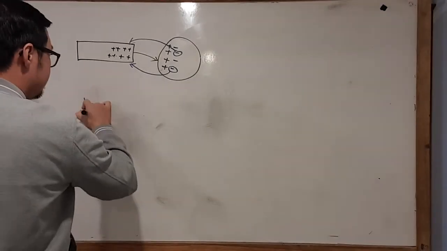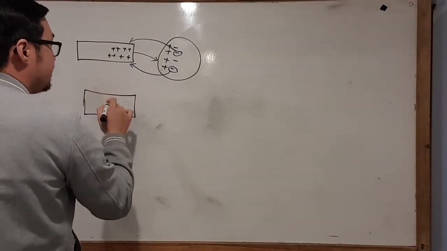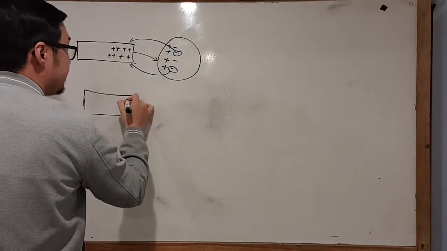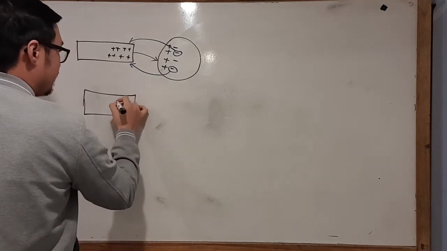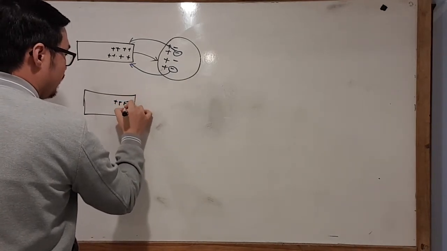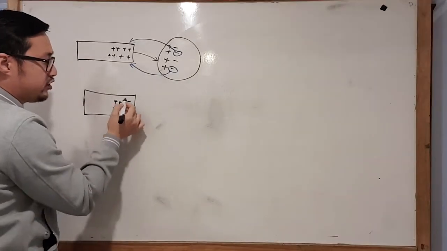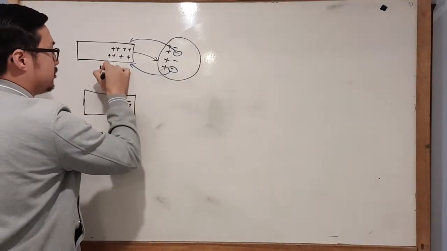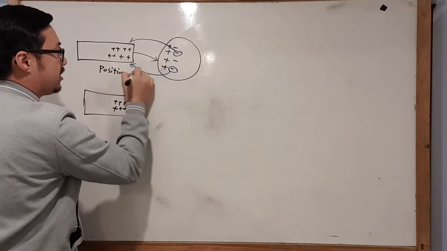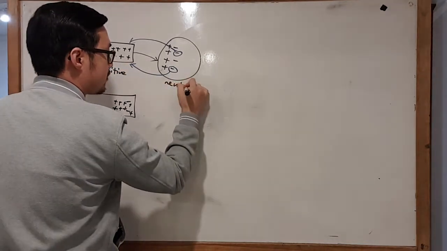So now this object all of a sudden has 2 negative charge over here, 1, 2, 3, 4, 5, 6, 7, 8. You can see this will still be positive charge. This was neutral.